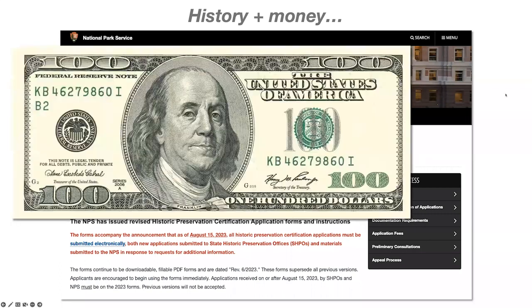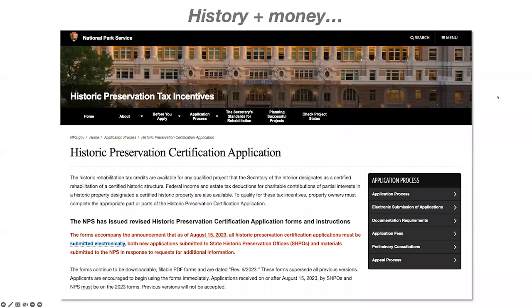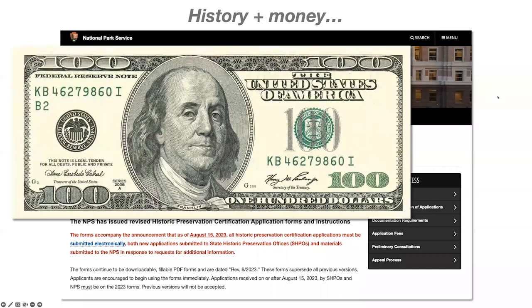If you're not familiar, this is a lot about money. These programs exist at the federal level and at many state levels to incentivize the renovation of the built environment, especially in older cities where populations emptied out and industries moved. Think of the flight to the suburbs and all those things over the last 30 or 40 years.